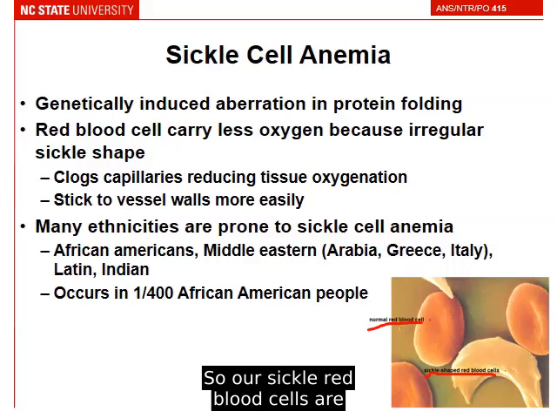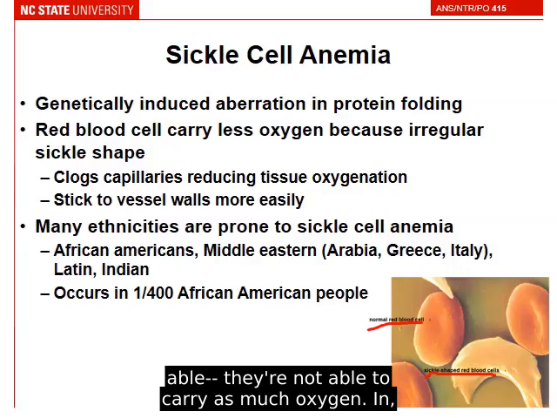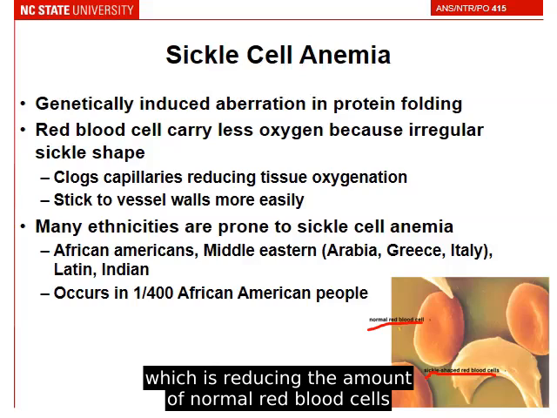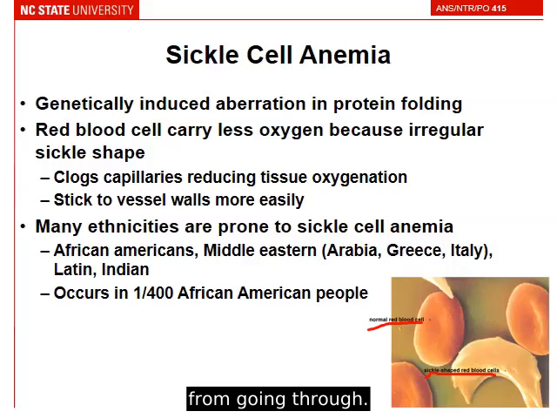So our sickle red blood cells are not able to carry as much oxygen. In addition, they're clogging these capillaries, which is reducing the amount of normal red blood cells going through.